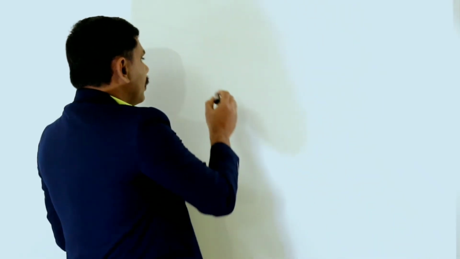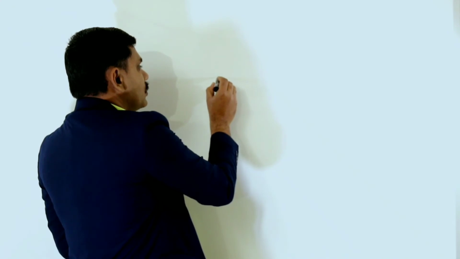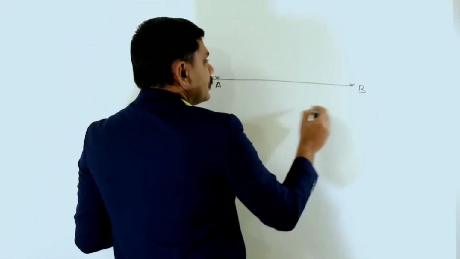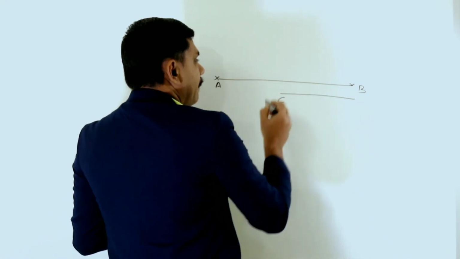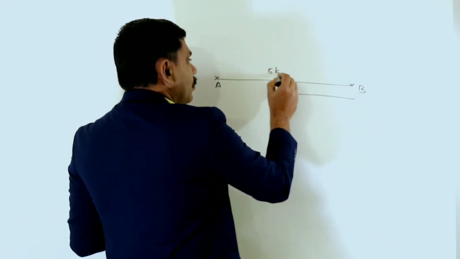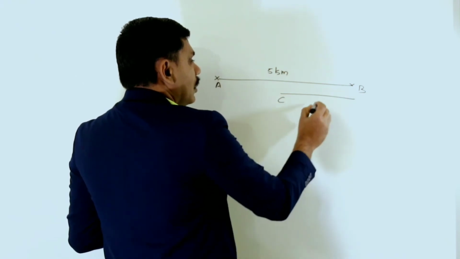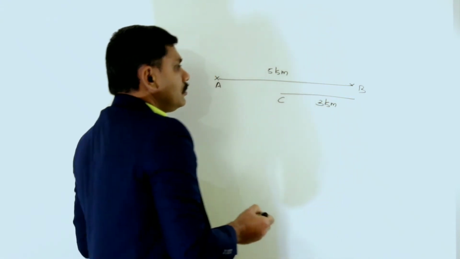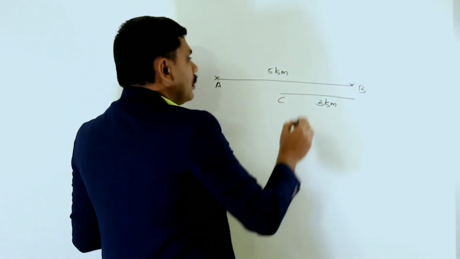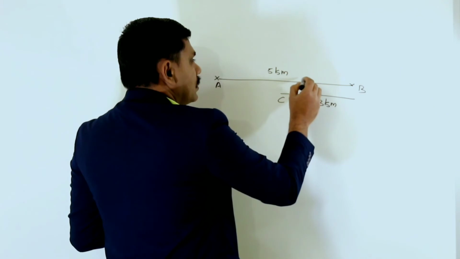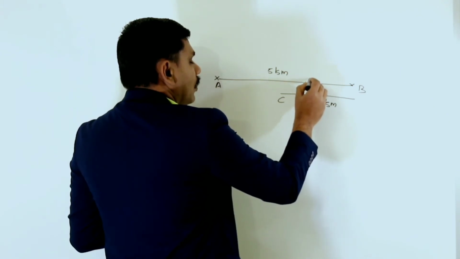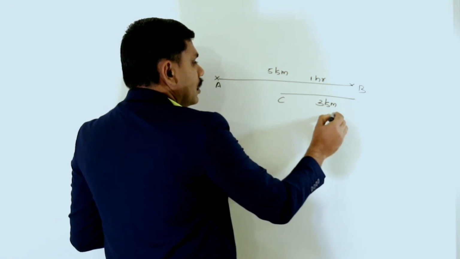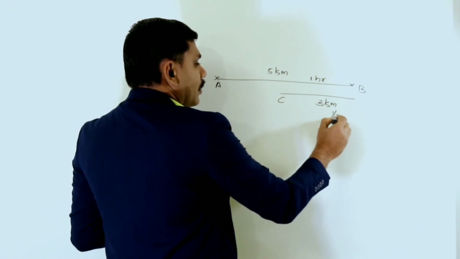Another example for calculating average velocity and average speed. An object is moving from A to B, then C. For example, this is 5 kilometer and this is 3 kilometer. For traveling 5 kilometer, the object is taking 1 hour, and here it is taking half an hour.